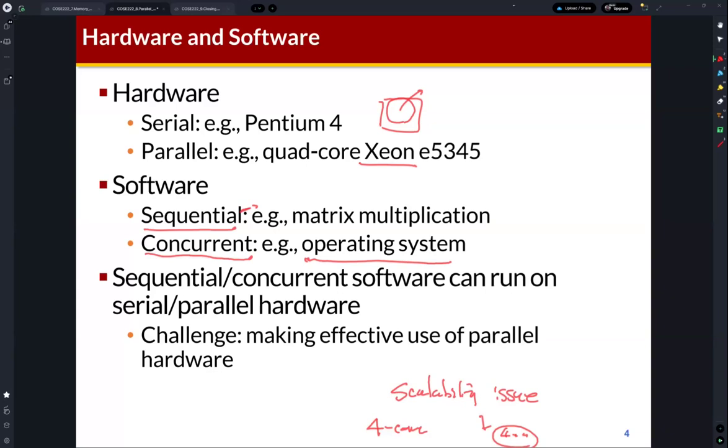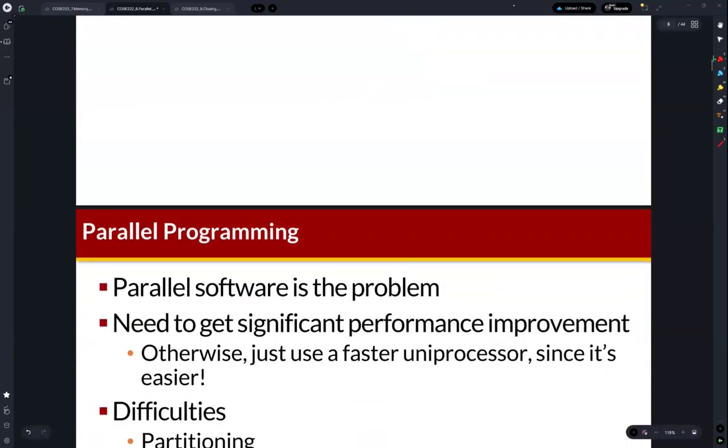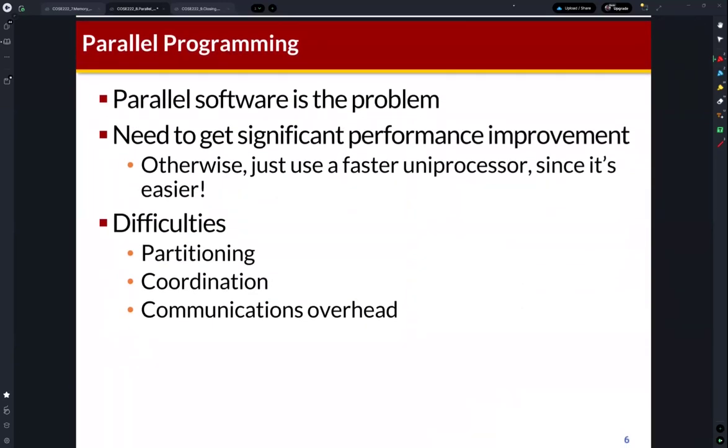So why can't we reach scalable performance with multi-core systems? We will learn about the challenges. Okay, so parallel software is the problem. What does that mean? To improve the performance, we need to guarantee the scalability of the target system. Let us assume this is the original single task, right?